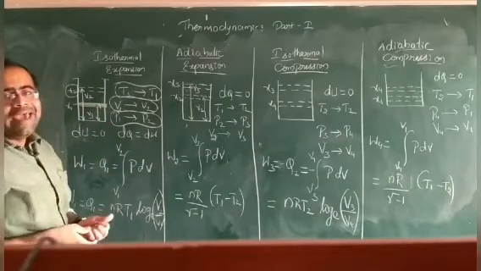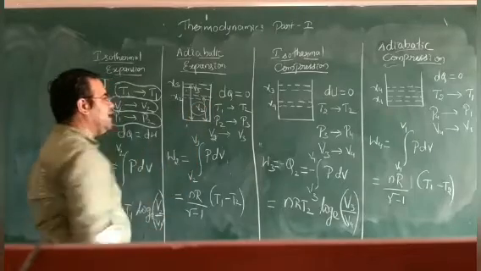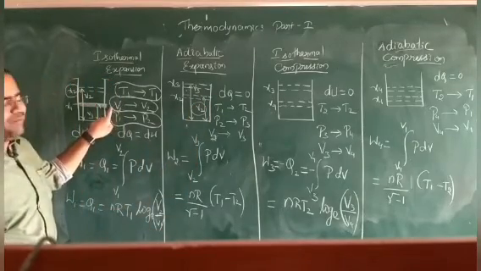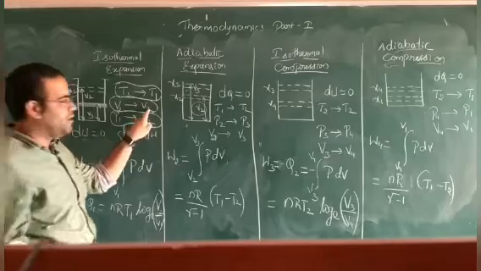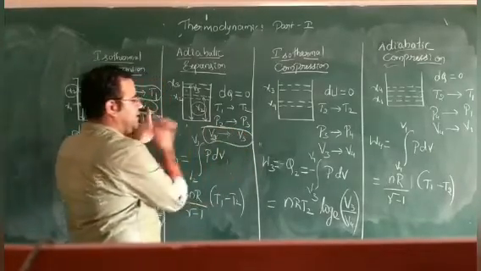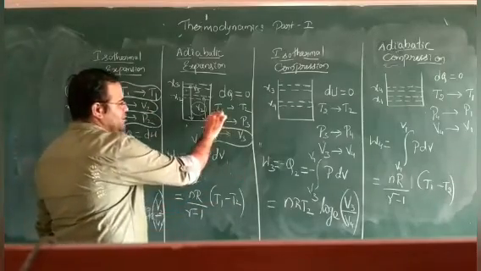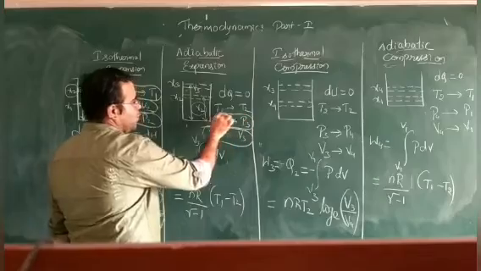When we move to x3, the volume was V2. Previously in the first step it changed from V1 into V2. Now the volume is changing from V2 into V3. Similarly, the pressure is also changing from P2 into P3.